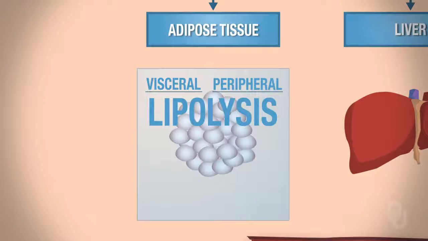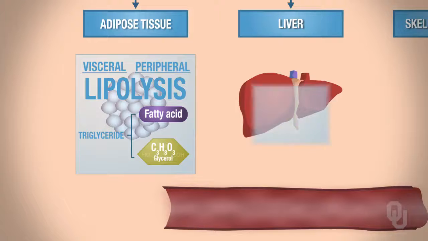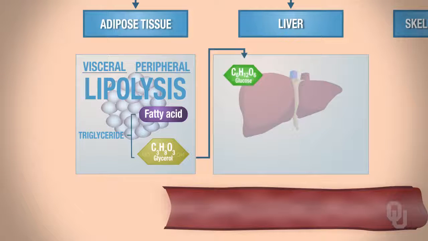And so when lipolysis occurs, we know that we can take a triglyceride and we can break it down into our fatty acids and into glycerol. Glycerol then can be converted to glucose in the liver. And when we do that, that will increase glucose levels in the plasma.